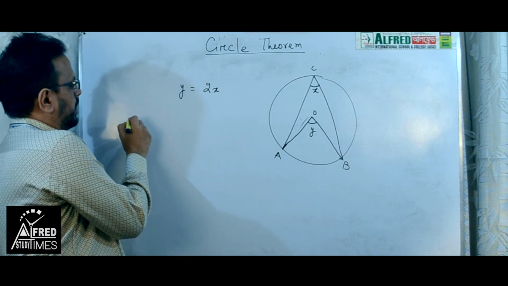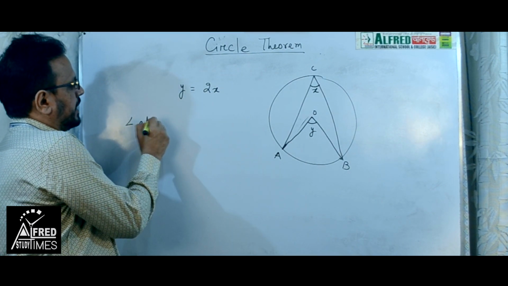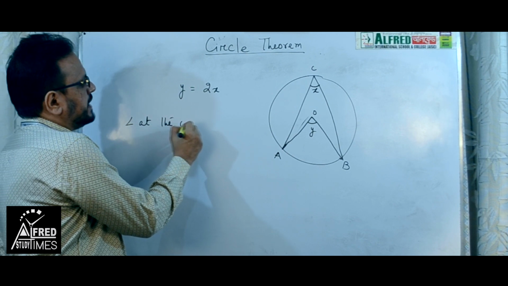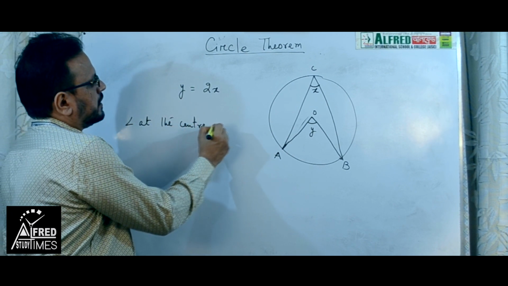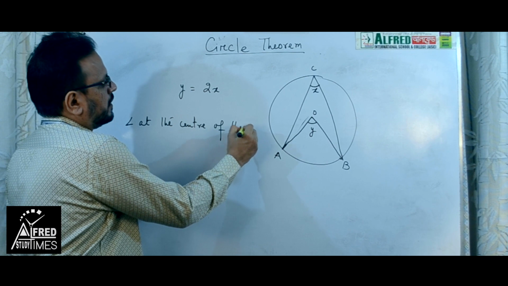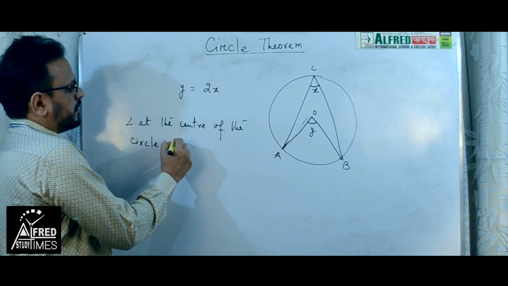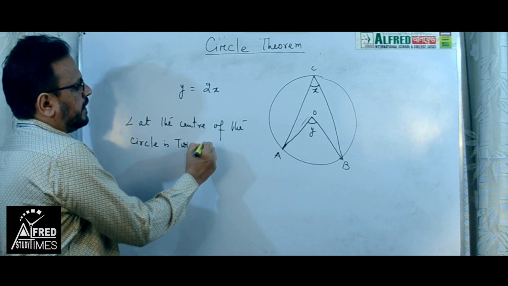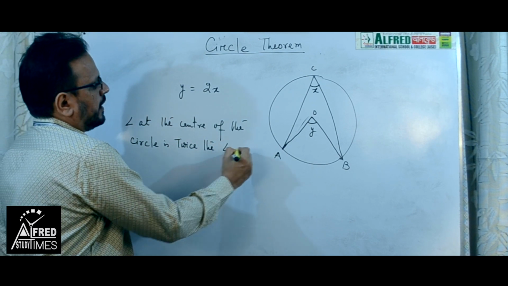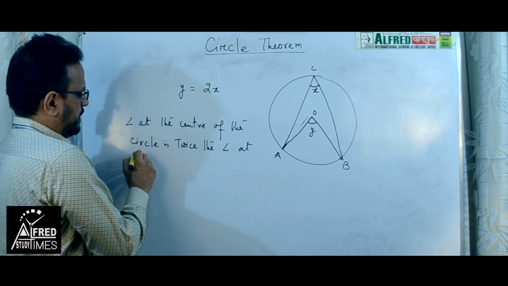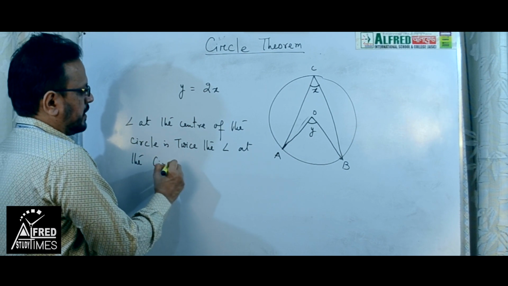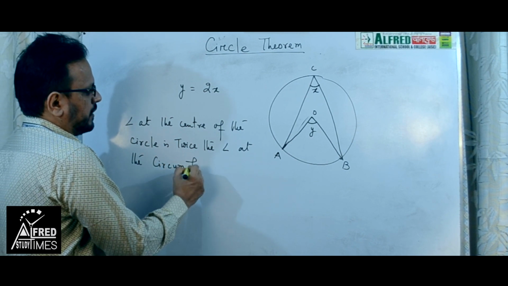Let me write the theorem. Angle at the center of the circle is twice the angle at the circumference. Let me give you one example.